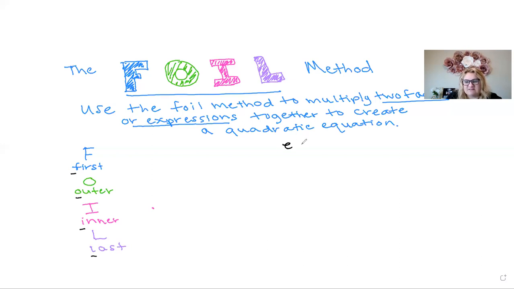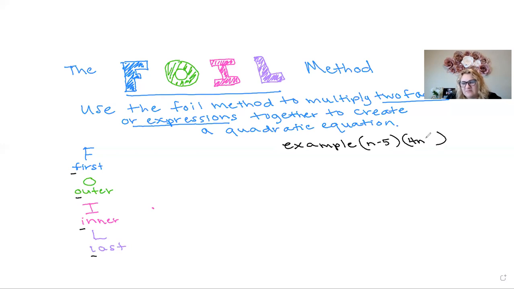So if I give you an example of two different factors that I would like for you to multiply together, let me change this to the same. So n minus 5, I want this to be the same variable.